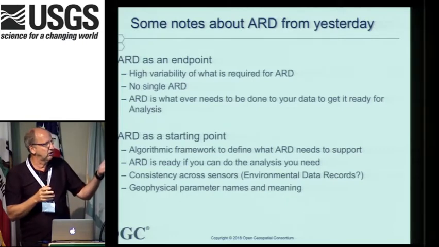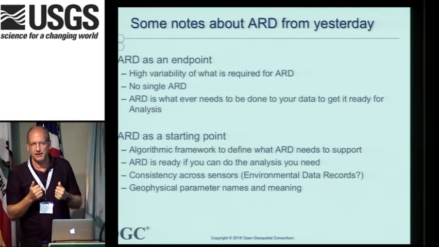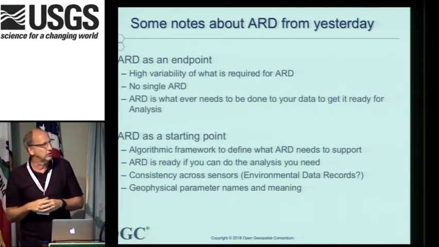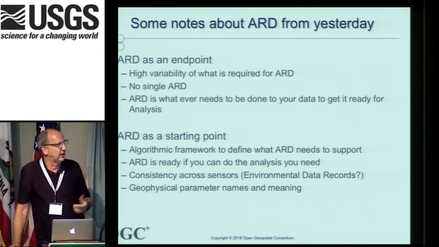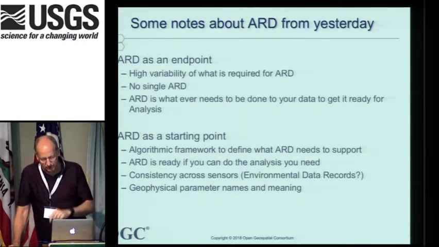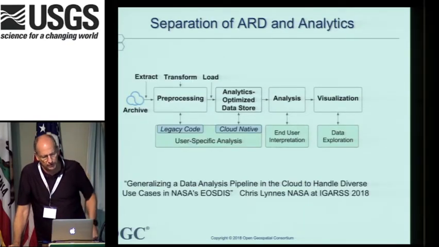Is there consistency across sensors, or is it more about the environmental parameters that end users are concerned about? These are environmental data records or climate data records, and then some agreement on geophysical parameter names and meanings, especially for the federation stuff. So the remaining part then here is about how do we separate those two parts in some way.